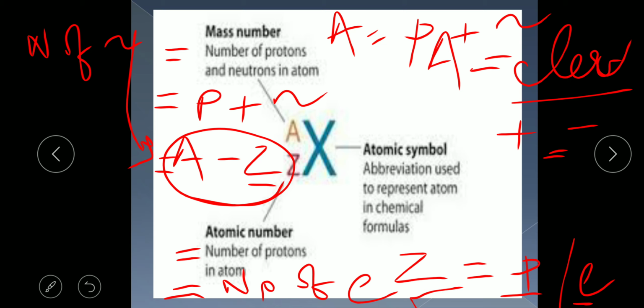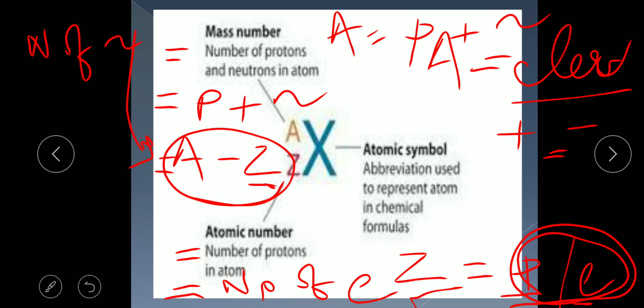Since an atom is electrically neutral, the number of protons is always equal to the number of electrons. Mass number is equal to number of protons plus number of neutrons, and number of neutrons will be equal to mass number minus atomic number.